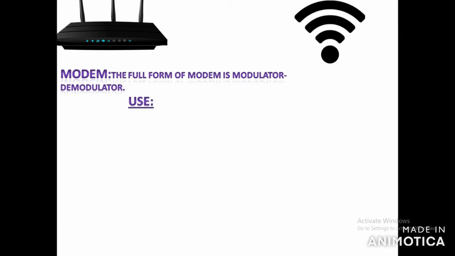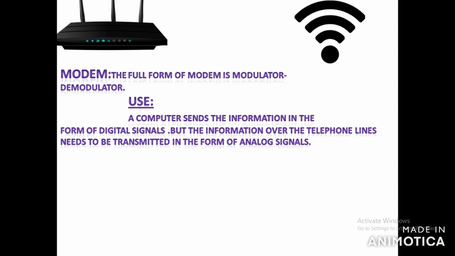Let us understand under the topic uses of modem. A computer sends the information in the form of digital signals, as we all know that computers are digital. But the information over the telephone lines needs to be transmitted in the form of analog signals.